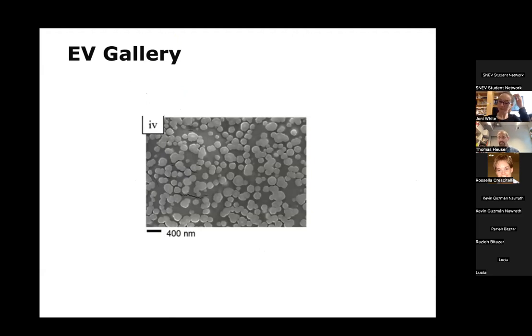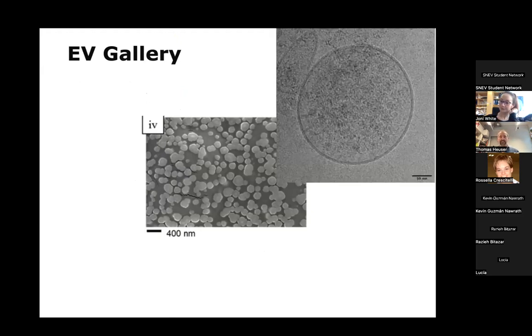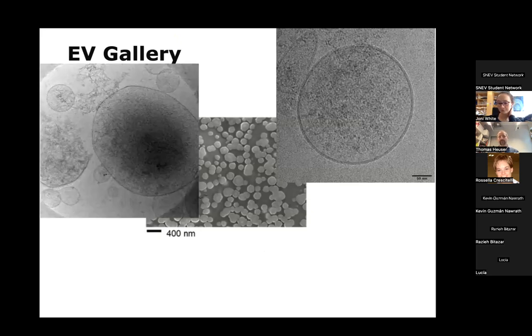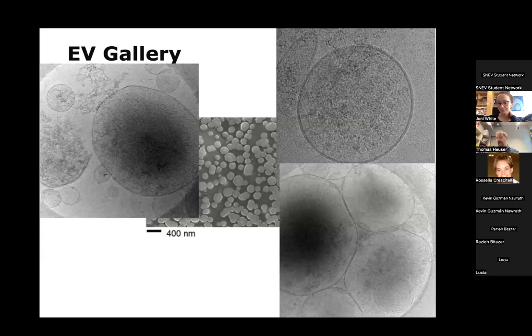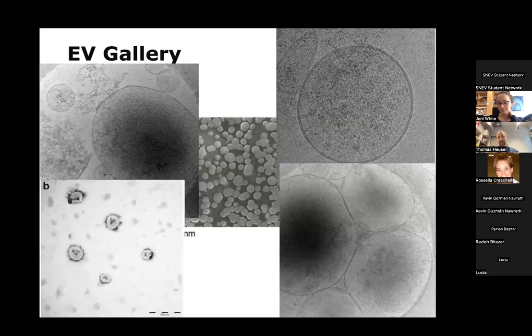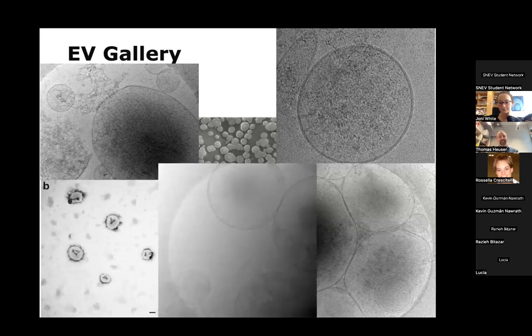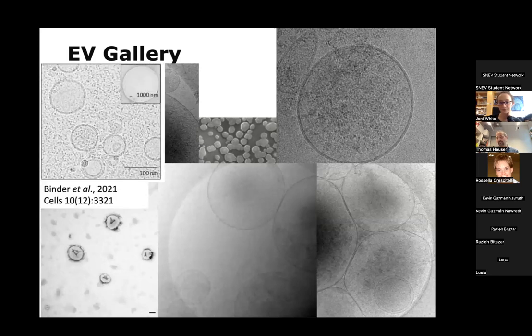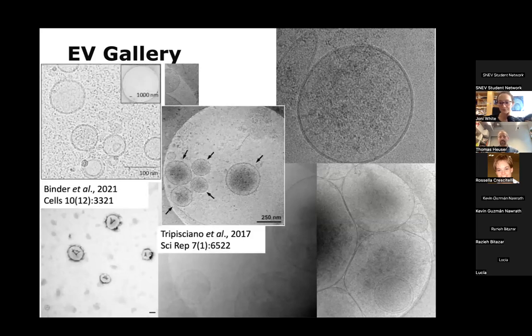To start off, I wanted to show you a short gallery of images from very, very different sources. I have worked with EVs from human cell cultures, mouse, milk, some very exotic samples, and of course there are also many different methods you can use to visualize them.